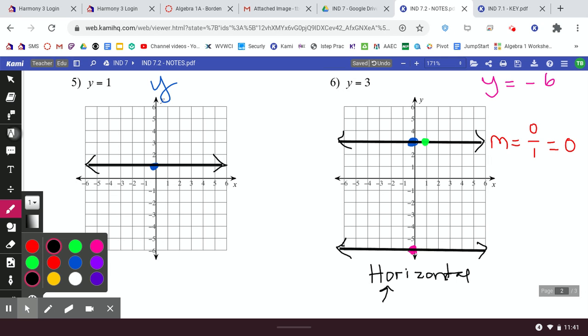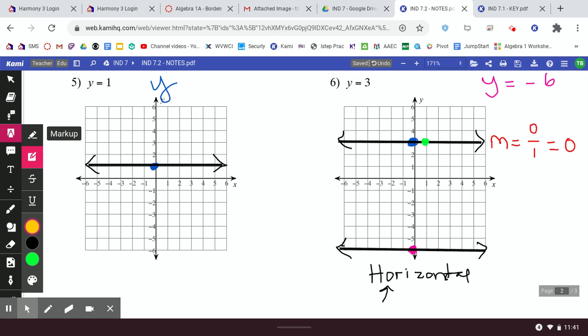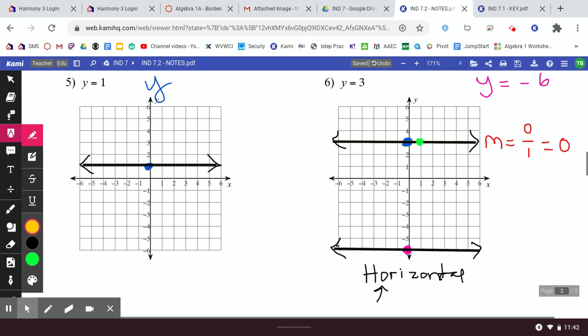The other way, this was something that one of my college professors showed me, was if you look at two horizontal lines next to each other, what do they make?